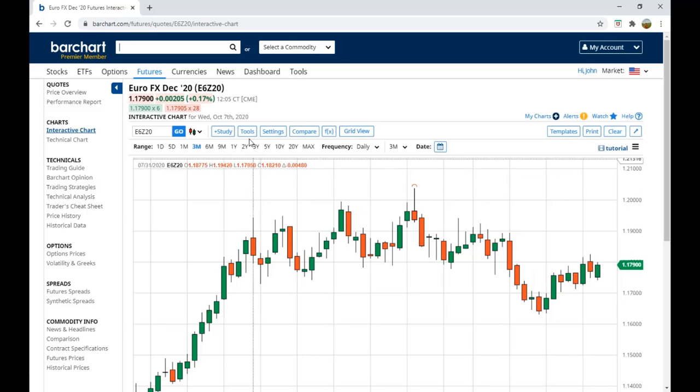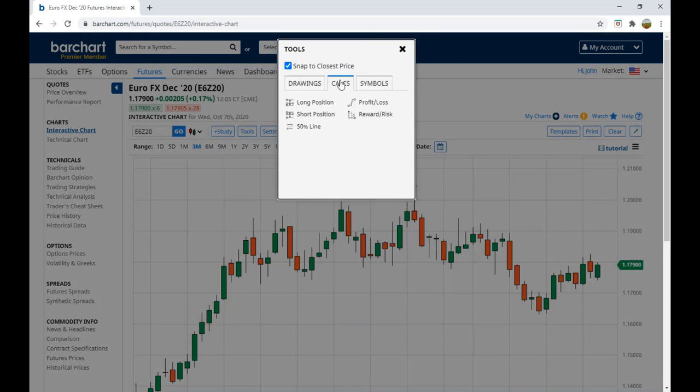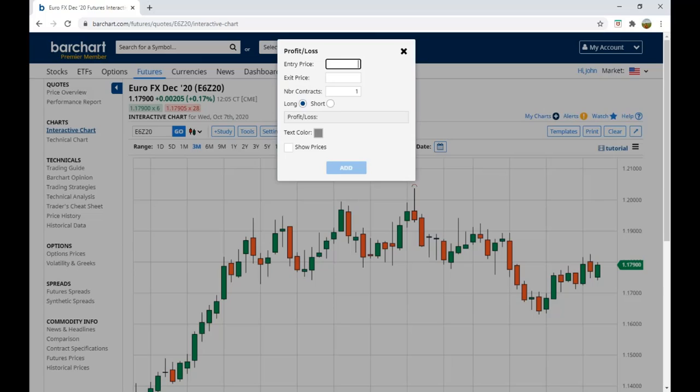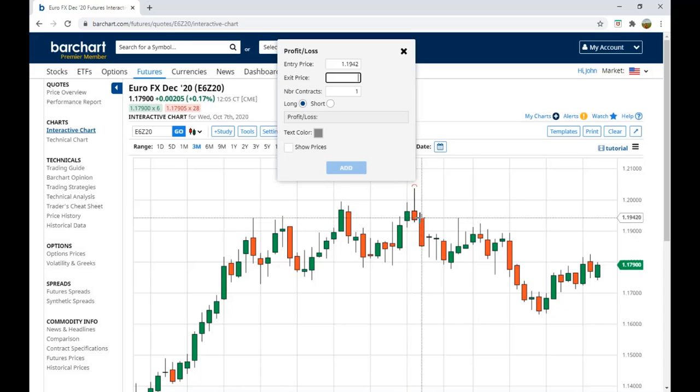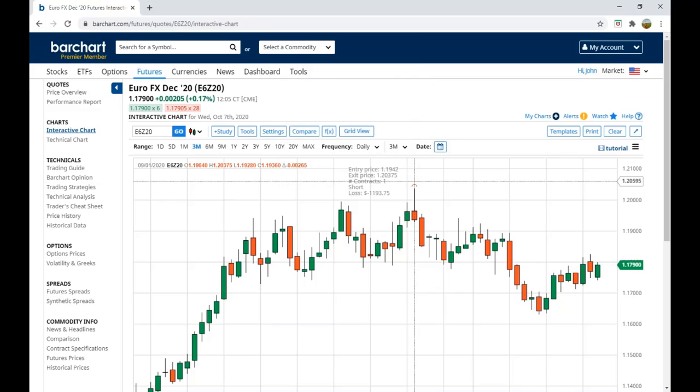It'll allow us to make those selections, look at our zones, look for our levels of entry, and help us to establish the risk that I want to take. This trade would perhaps be too much for me. It's $1,100, $1,200.